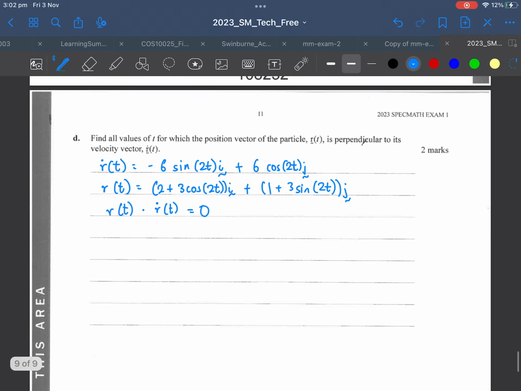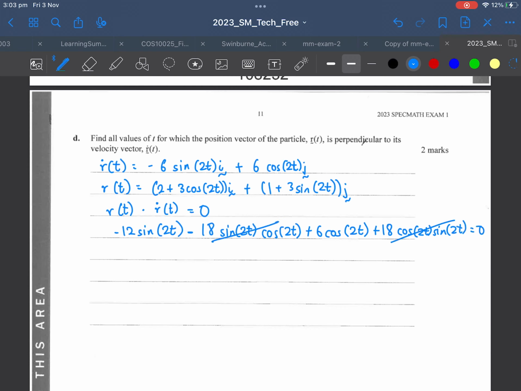So −6 sin 2t times 2 is −12 sin 2t, minus 18 sin 2t cos 2t, plus 6 cos 2t, and plus 18 cos 2t sin 2t has to be equal to 0.